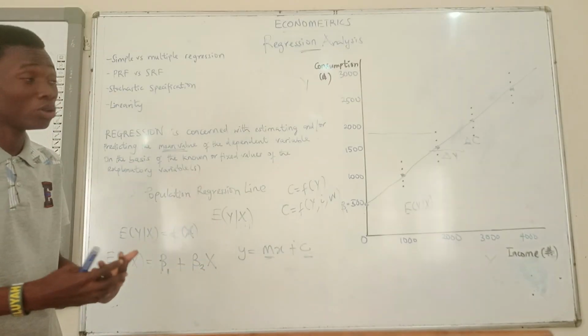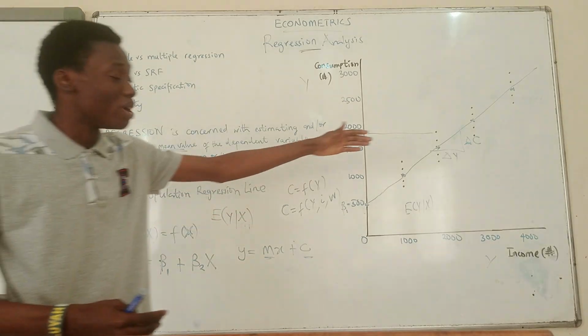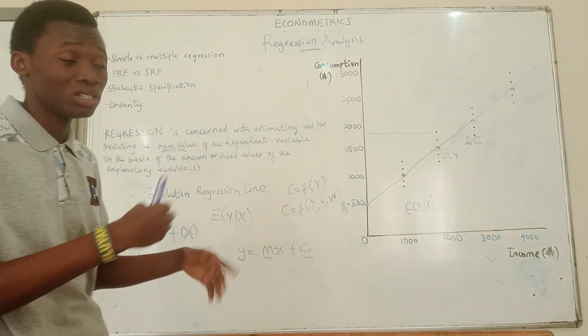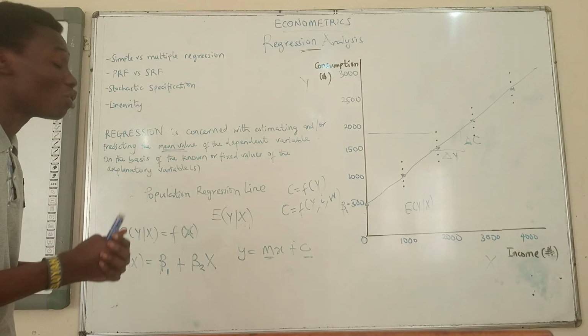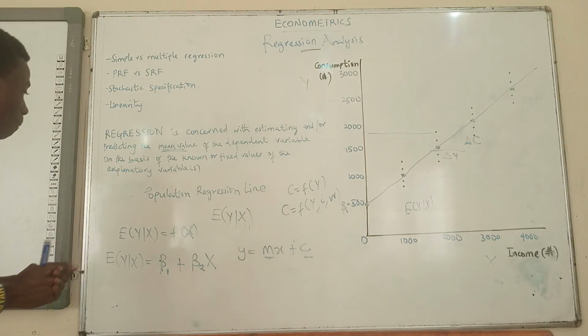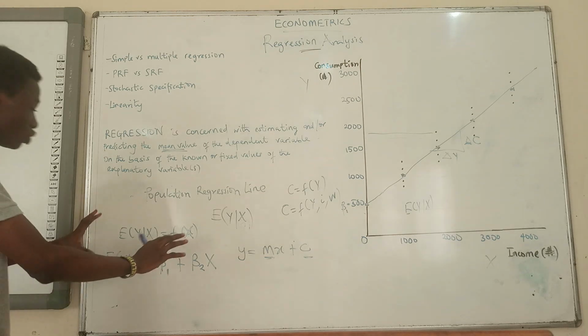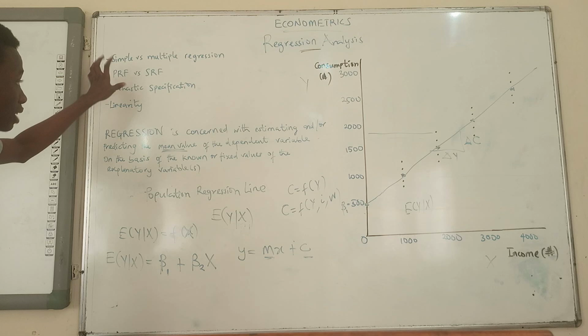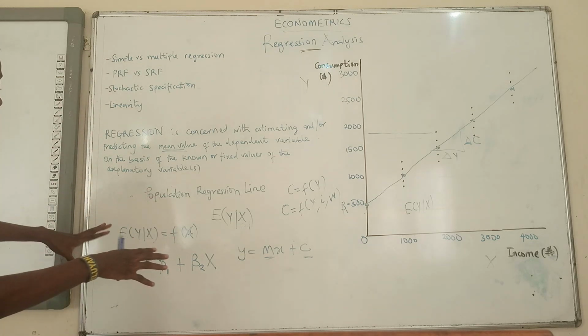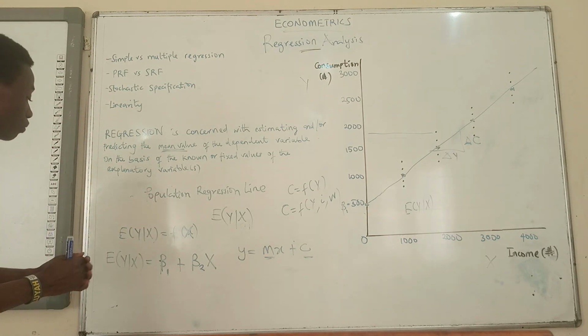It's only normal to still consume. And here we have our MPC: our consumption changes when they get additional income or reduced income. So with this, we have our population regression function, the PRF. Now we're introducing the concept of PRF, or the population regression function.